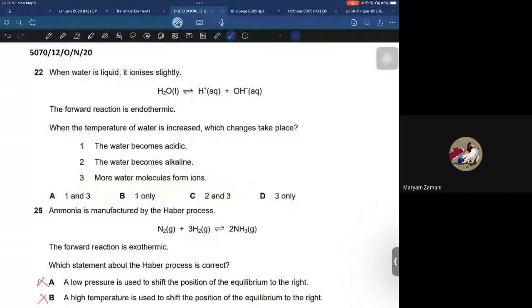What is supposed to be? Yes, Sir, is it D? Like three only? Yes. Why?